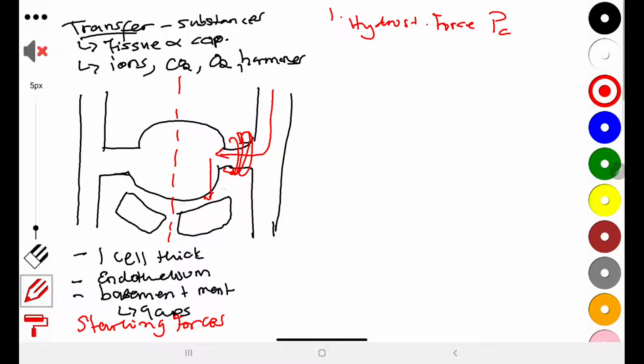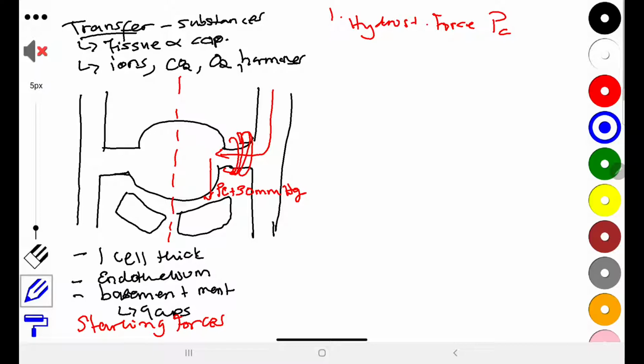So hydrostatic force, or PC. Alright, usually we'll put it at 30. Okay, at positive 30. So it pushes fluid from the capillaries out into the interstitium with a pressure of about 30 millimeters of mercury.